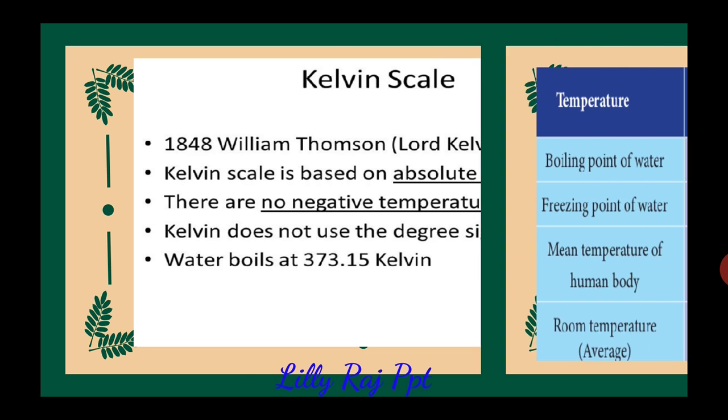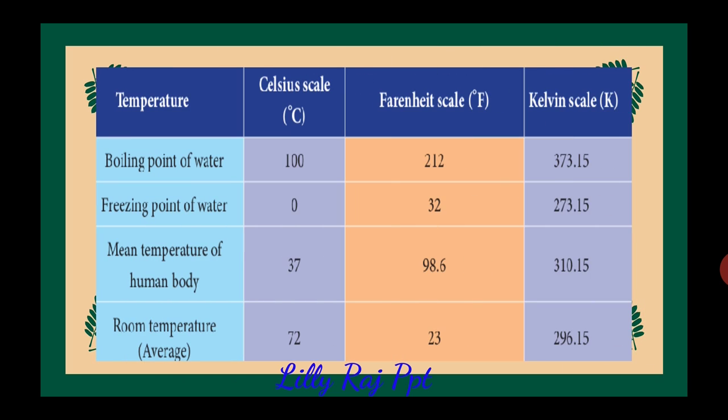Next we can see the temperature of something with Celsius, Fahrenheit and Kelvin scale. If the boiling point of water is 100 degrees centigrade, in the Fahrenheit scale it is 212 degree Fahrenheit.